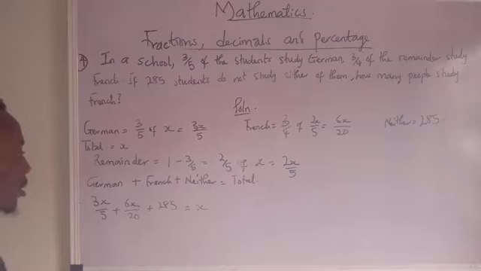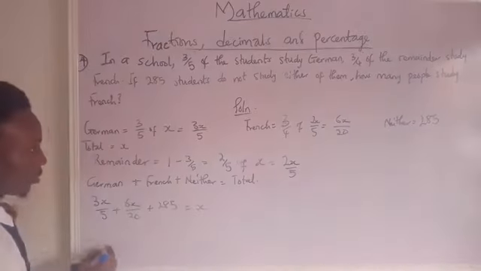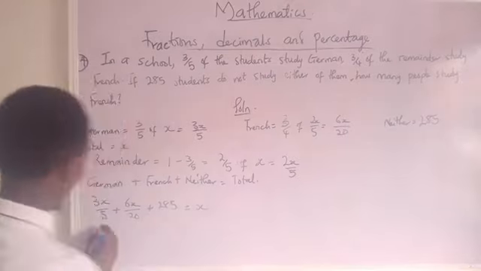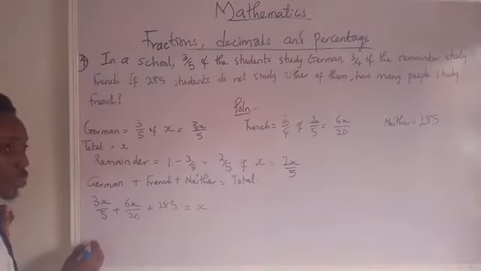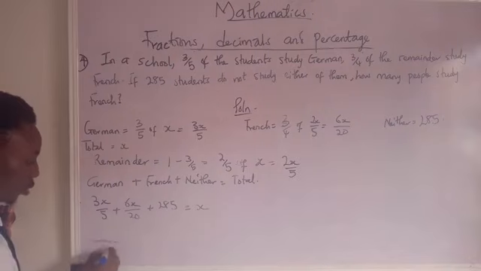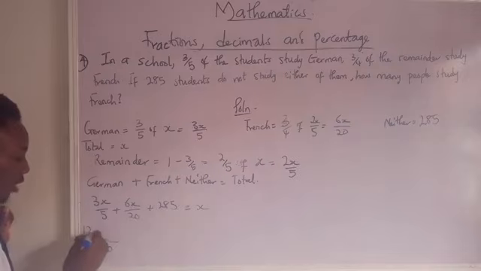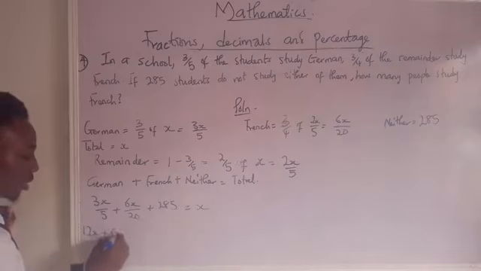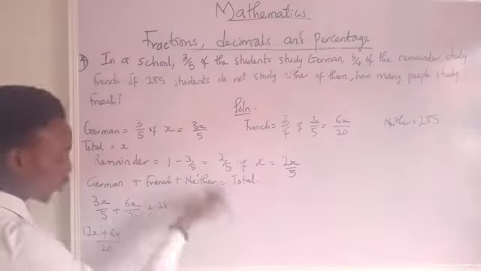We collect like terms. 5 in 20 is 4. 4 times 3, 12x plus 6x. This one goes here, this one comes here. Minus x is equal to minus 285.